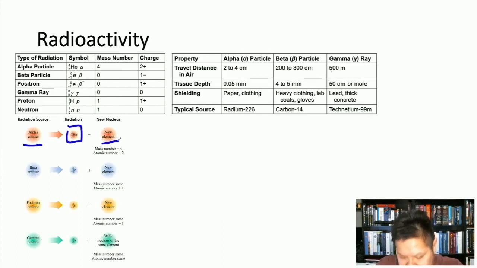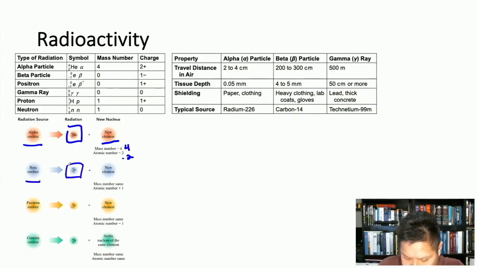And in that process, it will lose 4 from its mass, and its atomic number will go down by 2, because it lost all that when it emitted that helium nucleus. If you have an isotope that's emitting beta particles, recall that beta particles are just high energy electrons.